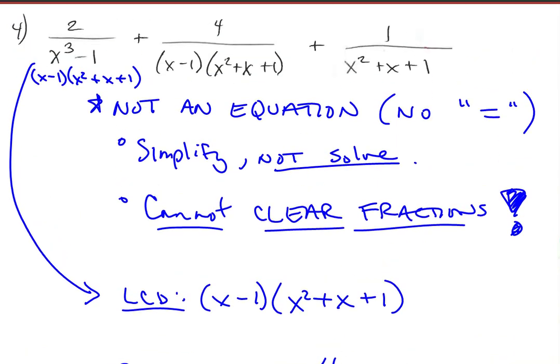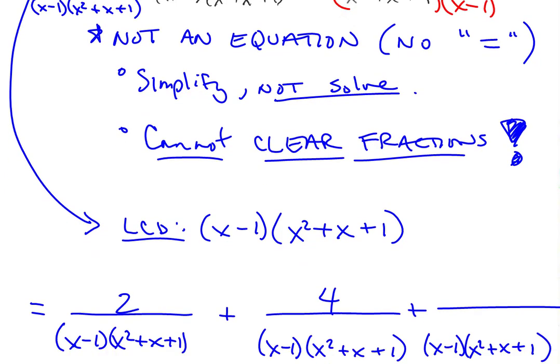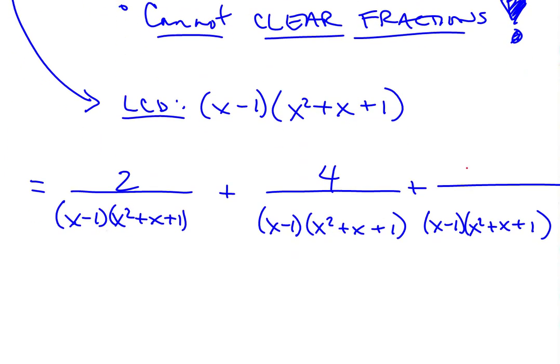But notice the third denominator was not the same. This is where we'd have to adjust by multiplying by what it was missing. That original denominator was missing the x minus 1 factor, which means we'd have to multiply its numerator by that missing factor as well, which means that new numerator is going to be an x minus 1. Now, there originally was a 1 there.